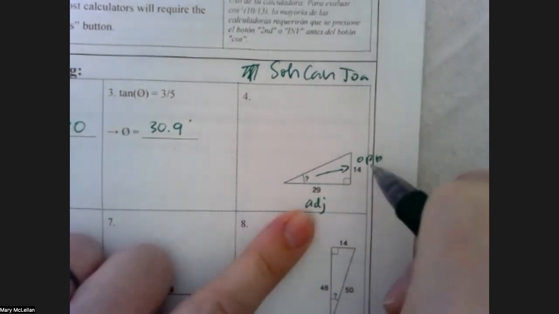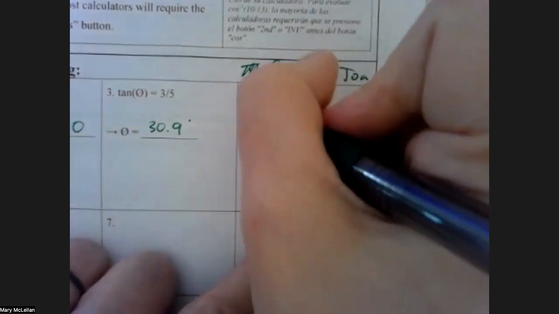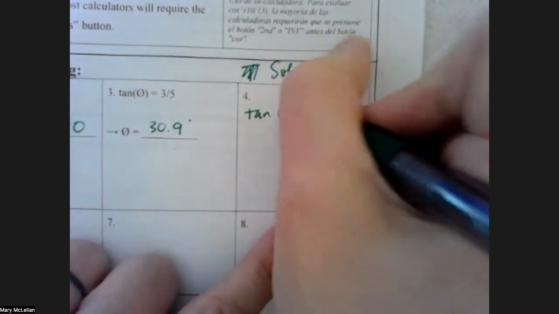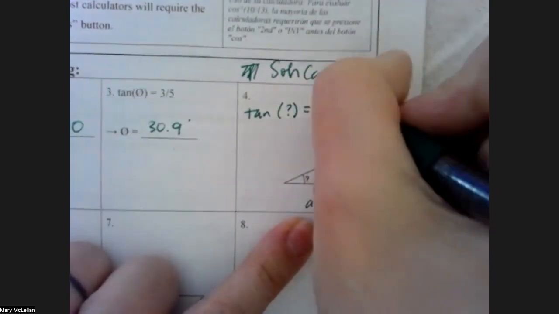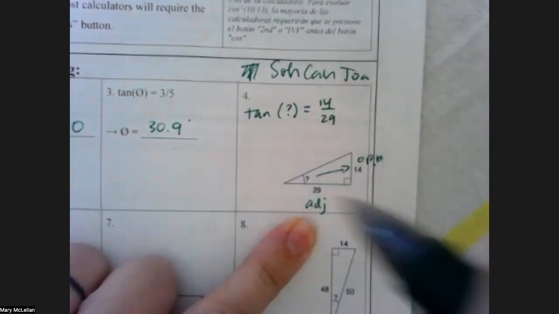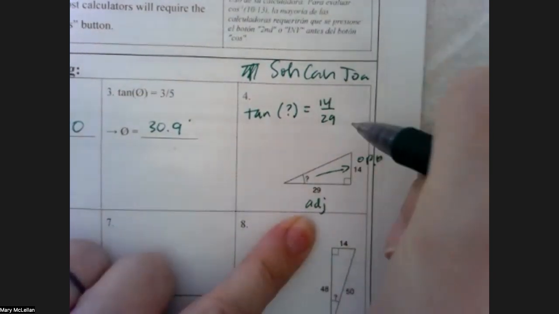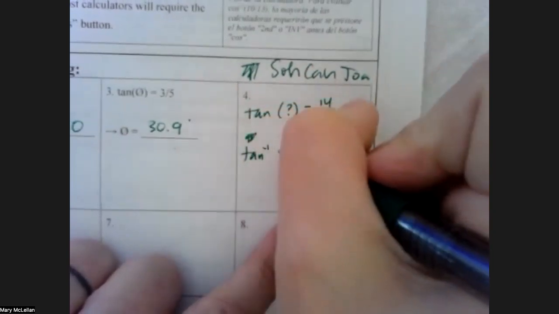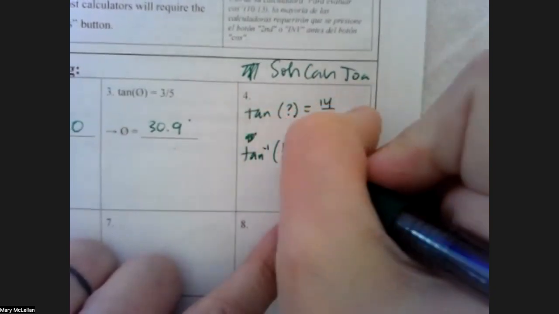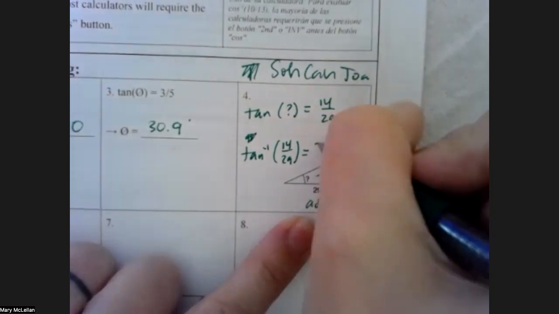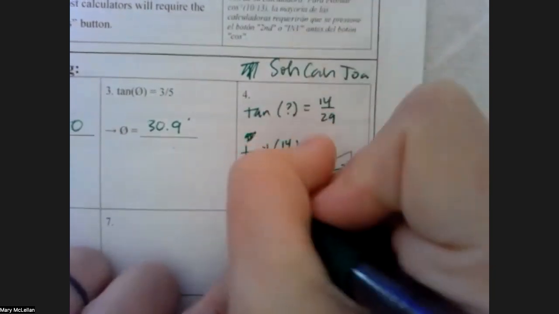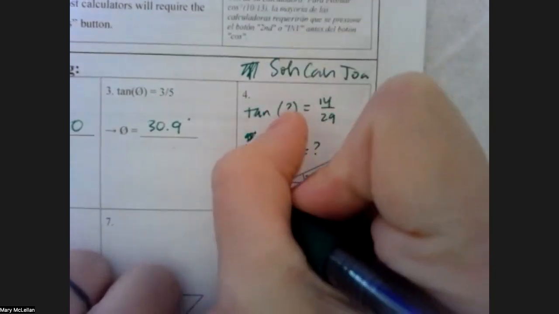This is tangent because I have opposite and adjacent. So I'm going to say tan of my angle is equal to 14 over 29. And then to go backwards to get the angle from that ratio, I'll say inverse tan of that ratio, 14 over 29, is going to give me my angle. And I'll put that in a calculator in just a moment.